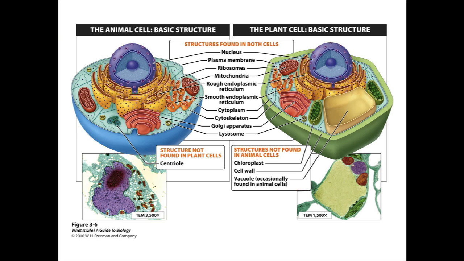Animal cells lack chloroplasts and hence do not perform photosynthesis, so all animal cells are dependent on plants for their survival.